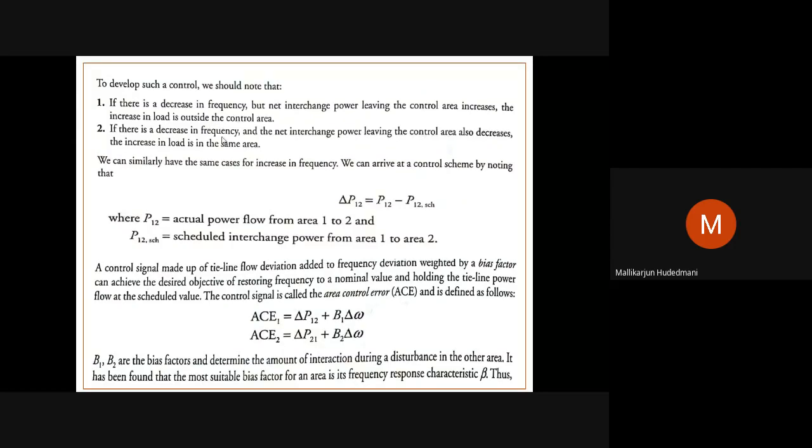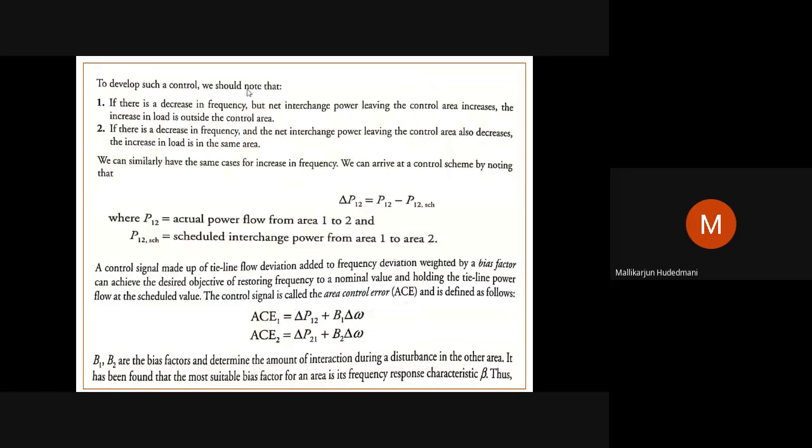That is our objective. If there is a decrease in frequency, but the net interchange power leaving the control area increases, the increase in load is outside the area. So I have to think here now. There are two things we should note. If there is a decrease in frequency, why does frequency decrease? Frequency decreases in an area because of load in this area or outside the area.